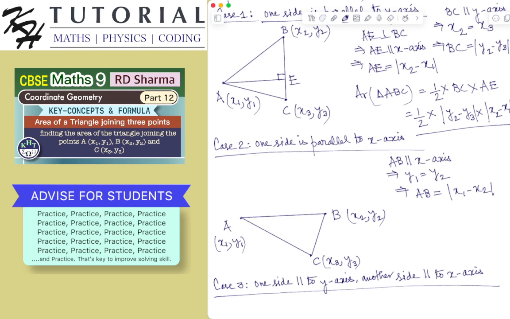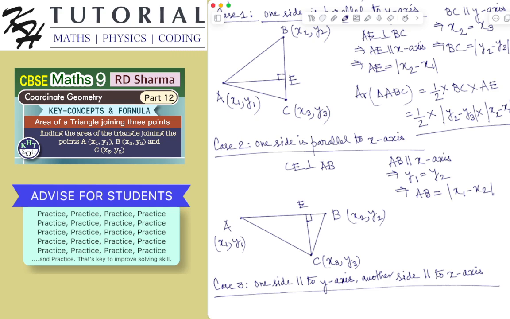Let's say CE is drawn perpendicular to AB. Since the points A, E and B lie on the line segment AB, which is parallel to the x-axis, they will have the same ordinate.